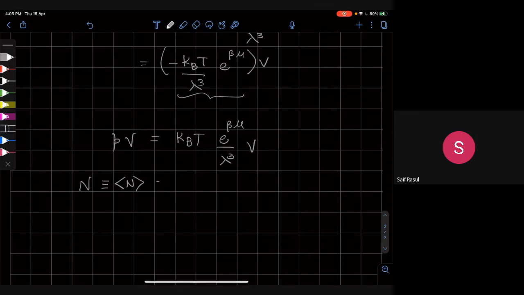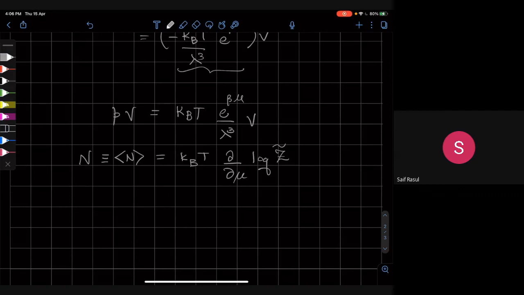If you go back, we worked out that this is k_B T times the derivative of log Z tilde with respect to the chemical potential mu.